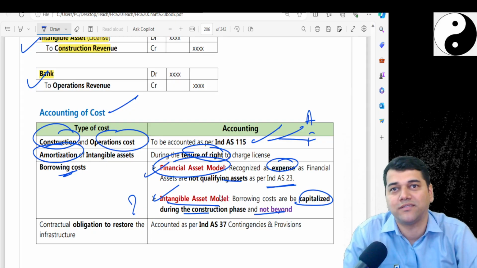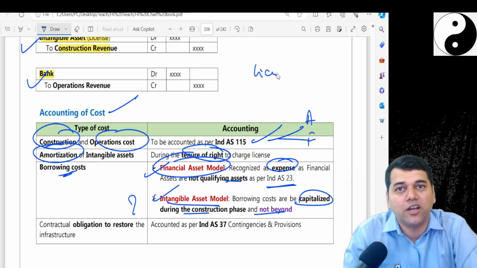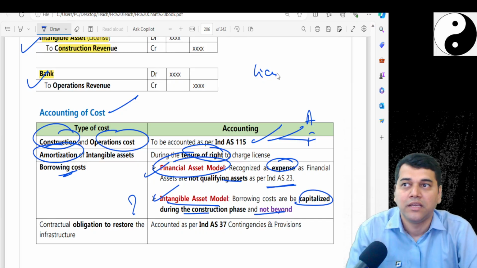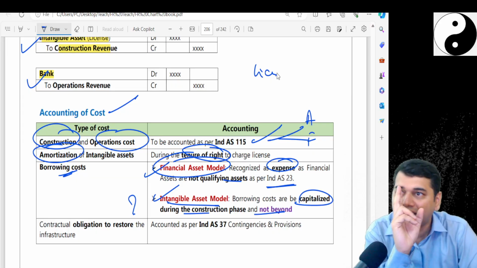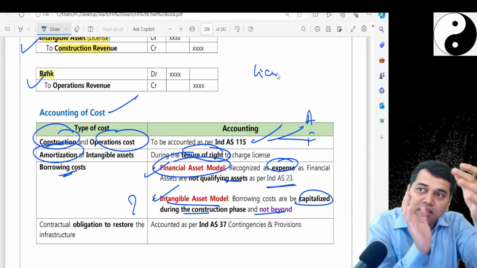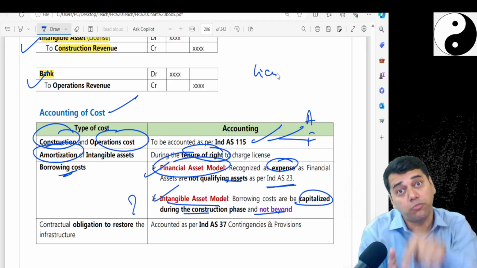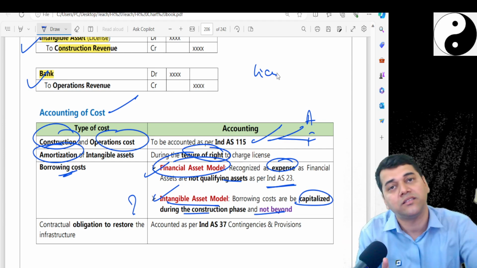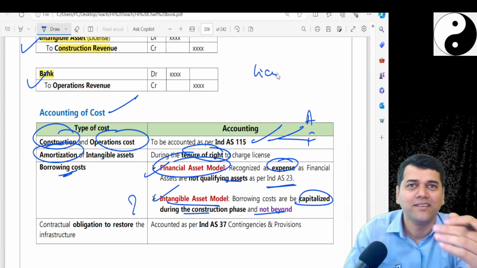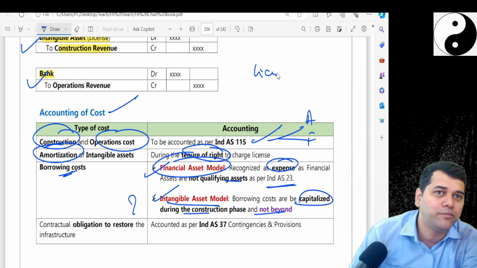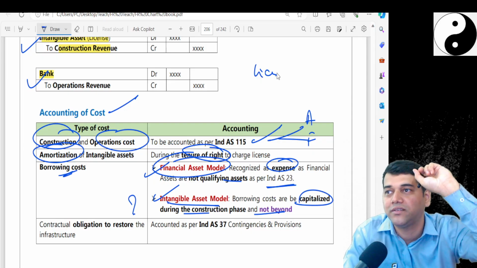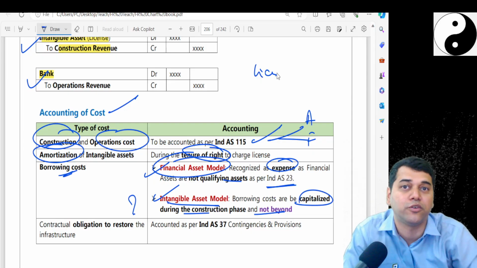If a license has standalone functionality, it is not a qualifying asset. But if that license is part of a project and you cannot use it unless the project is complete, then the borrowing cost incurred to get that license can be capitalized. Go and see my PPT, this point is there. Now try to go back to that particular standard, Ind AS 23, and see, I have told you this point.